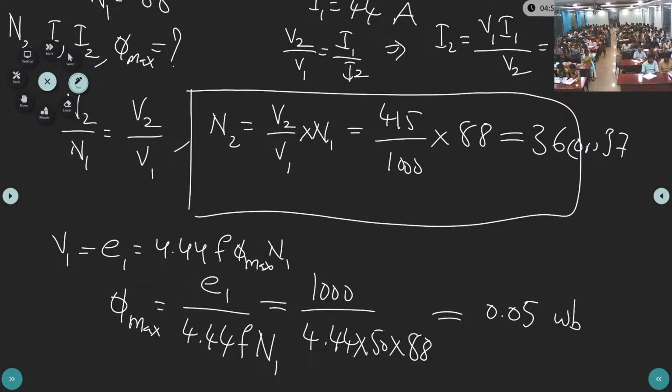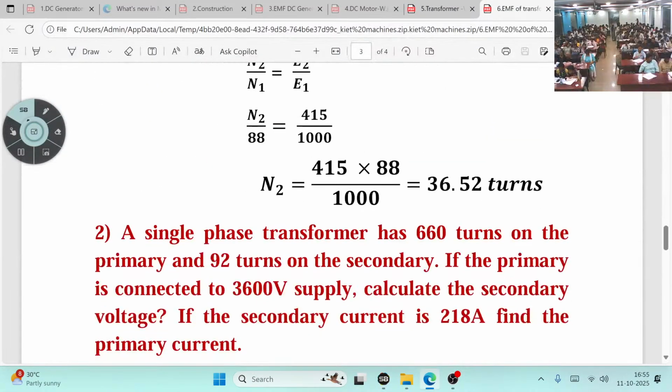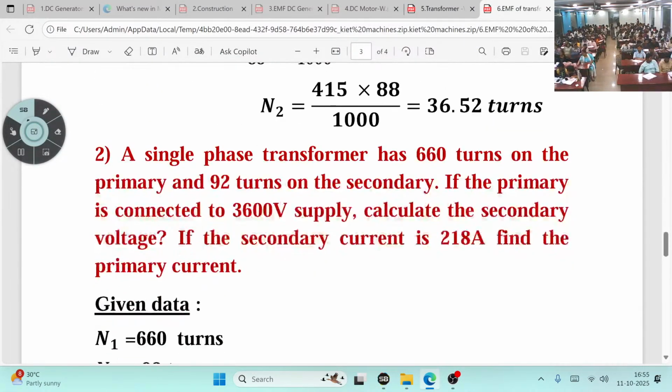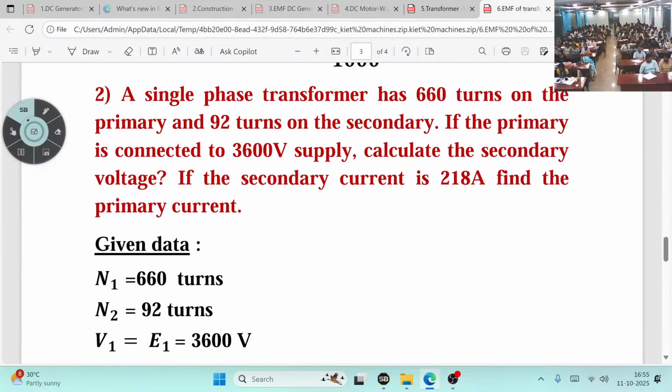If you remember these two, you can solve any type of problem. No need to worry. Write down this one. You do this problem and we'll conclude.